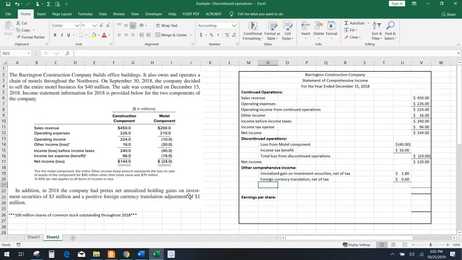And this is total other, actually it goes on this line, total other comprehensive income, and this is comprehensive income.